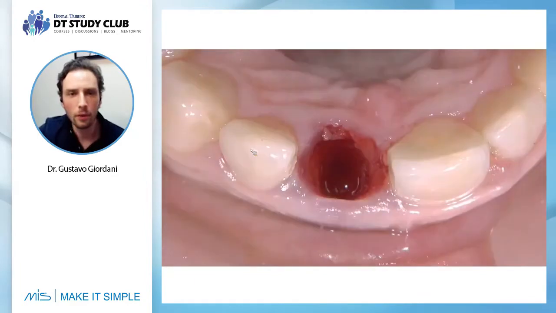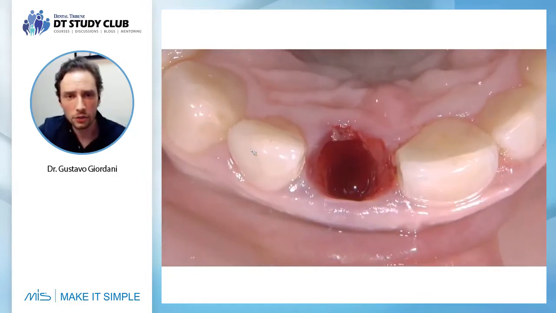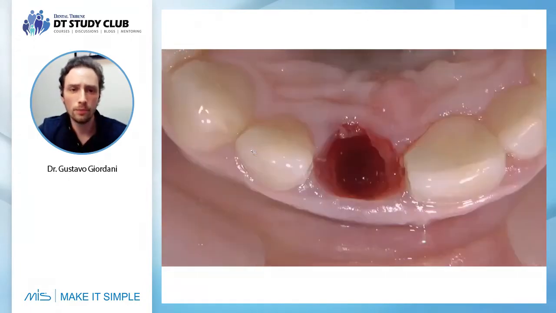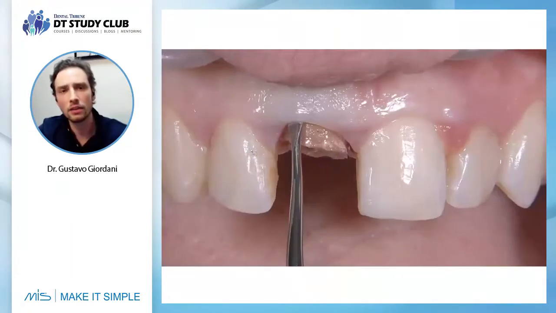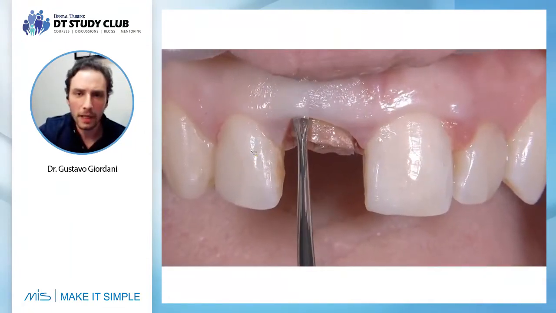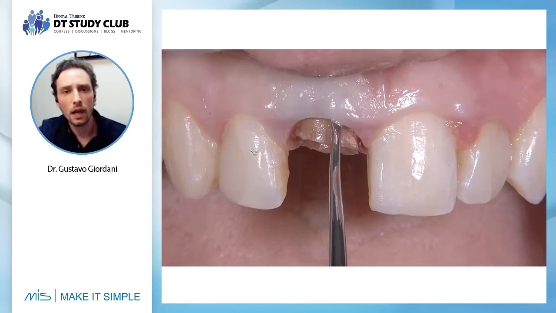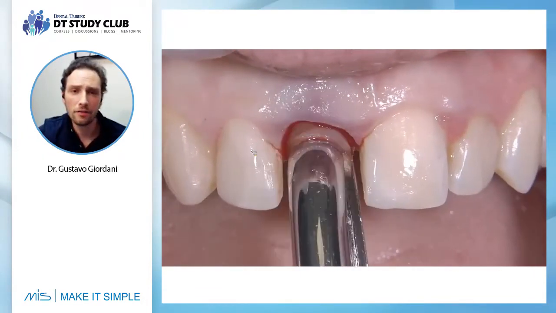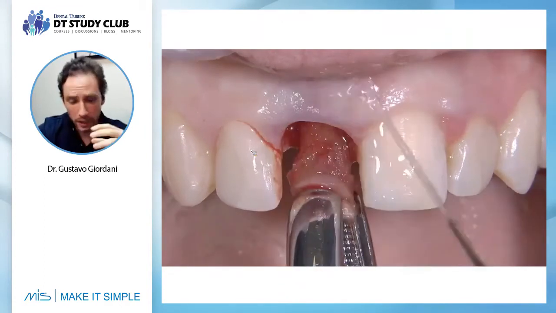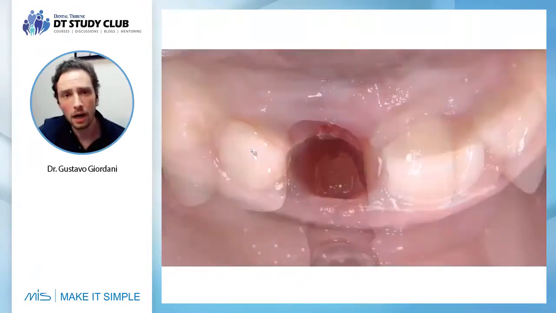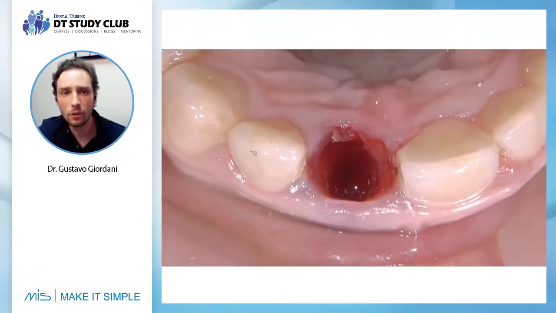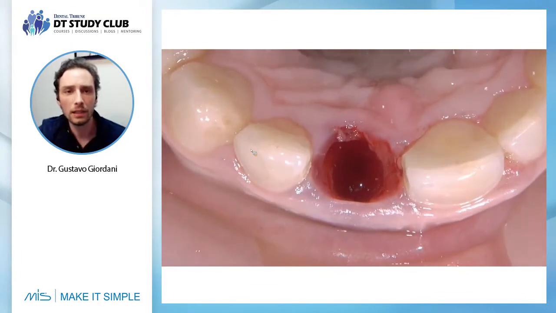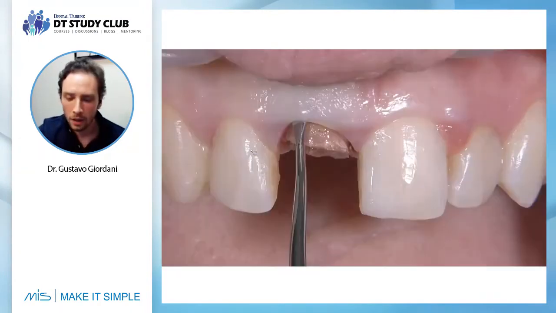This is very important to take care of the tissue, to try as much as you can not to damage the papilla, the soft tissue, and also the buccal wall, which in my case is a very thin buccal wall. So we extract Monica's central, we clean very well, and then we move to the implant placement.